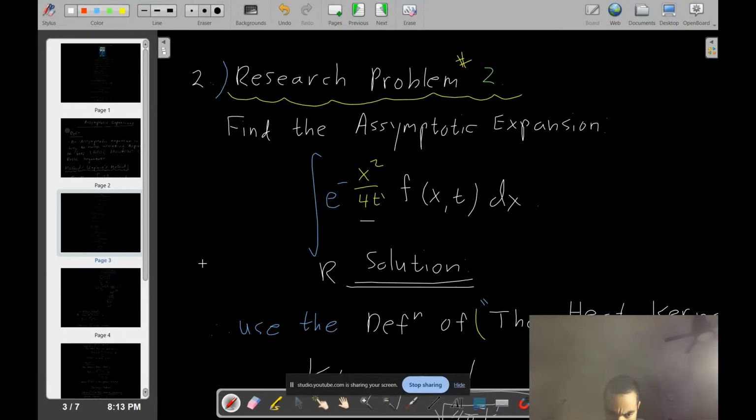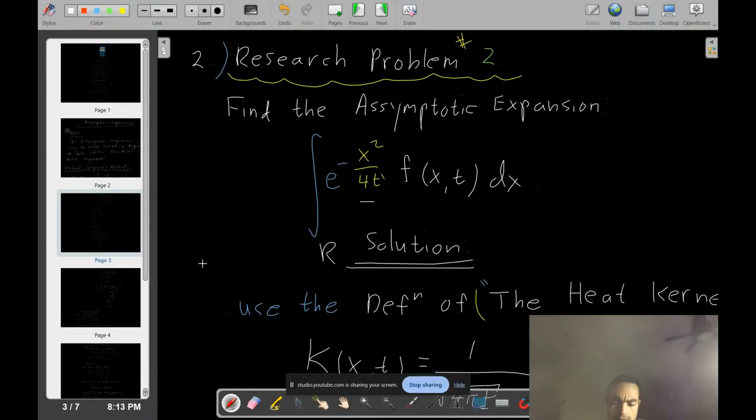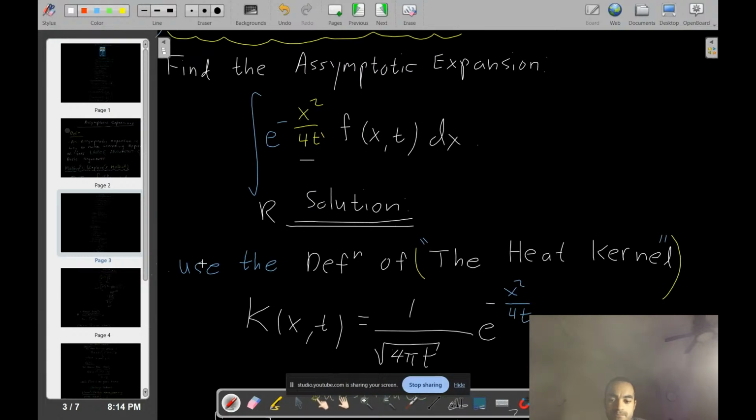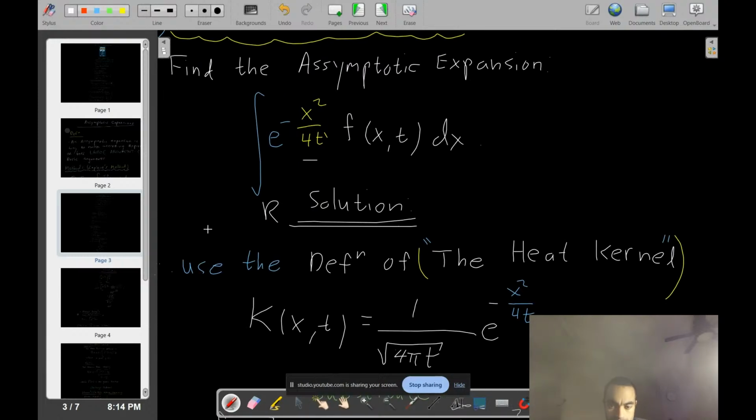Now I do have to give you hints if you haven't seen my last live show. At the end of the last live show, I talked about applications of the gamma function in both probability and physics. This is a physics application. It has to do with something called the heat kernel.